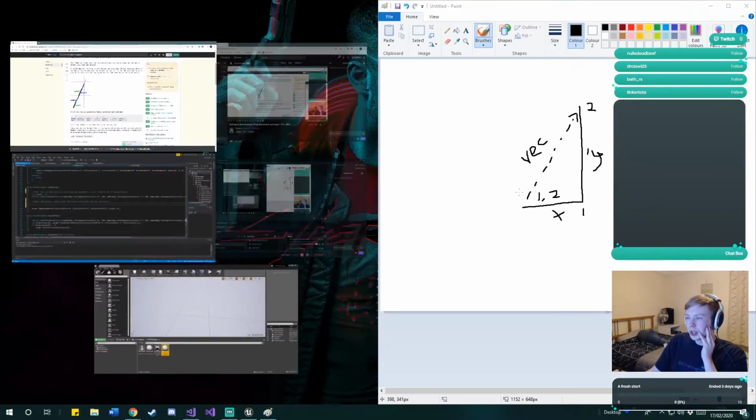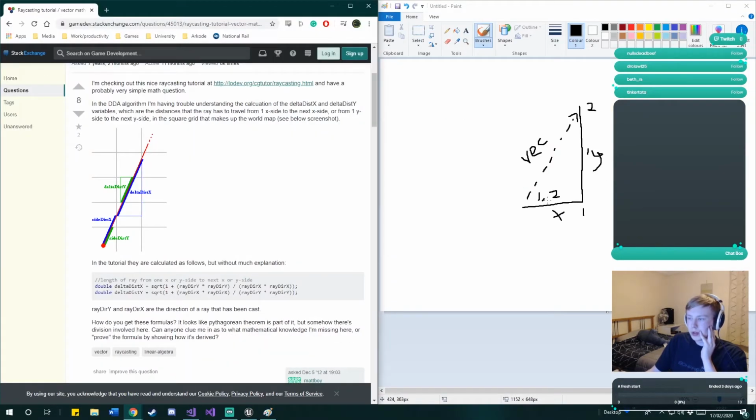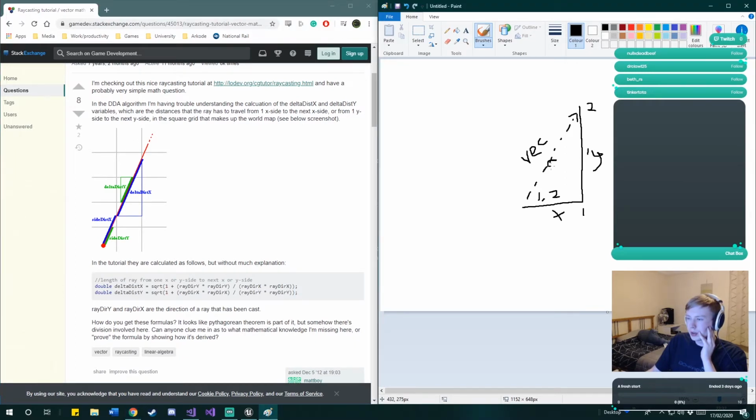So what we essentially want to do is iterate through whole numbers along this point using these as increments. So what it seems to me is, we have a line going through a bunch of hypothetical boxes, right?